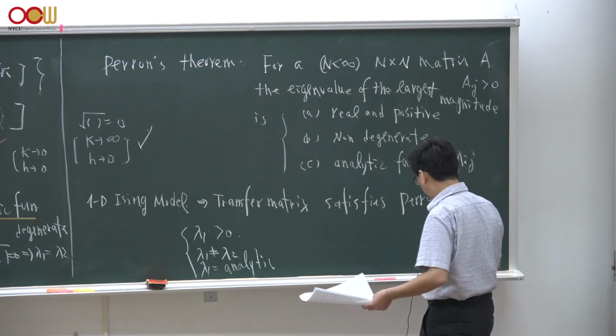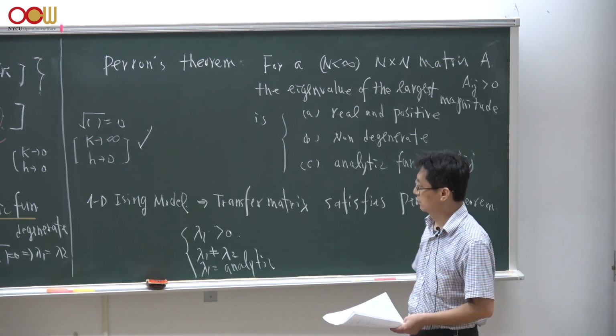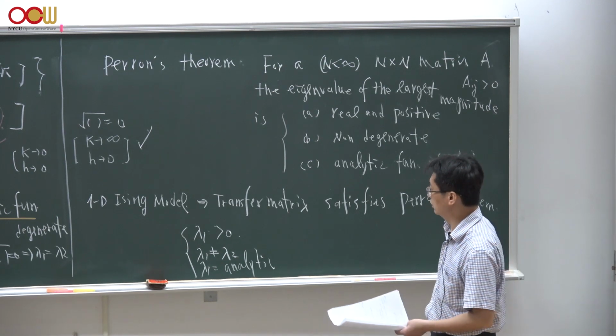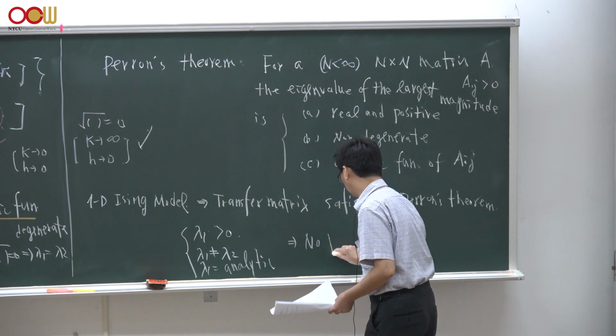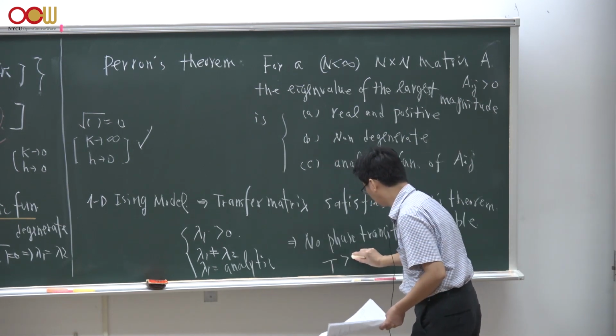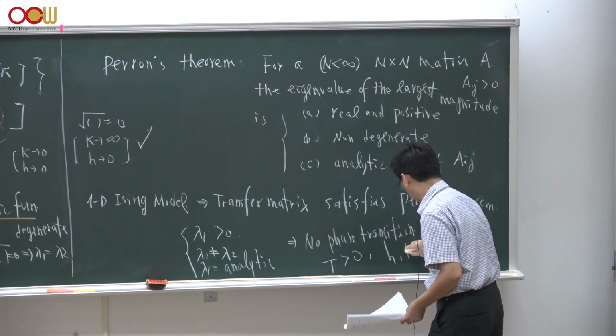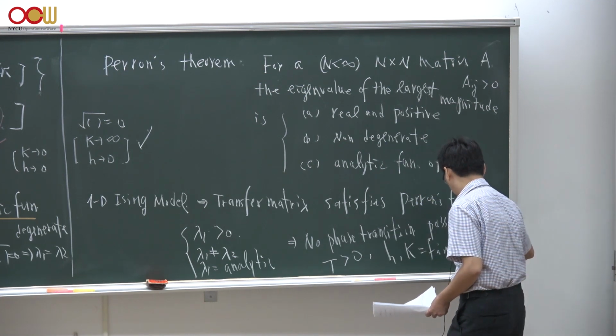So, in other words, it is not possible to have any phase transition at finite temperature when both h and k are finite. So no phase transition is possible for any given finite temperature, with h and k both finite and positive.